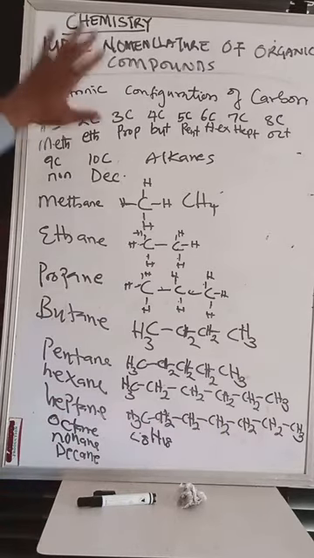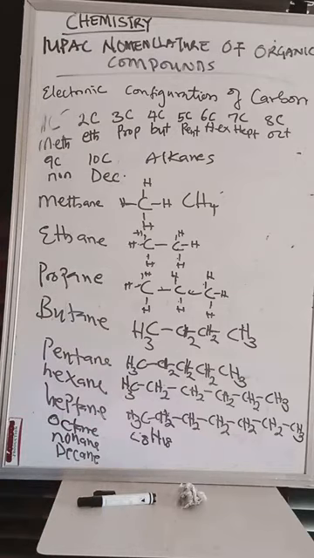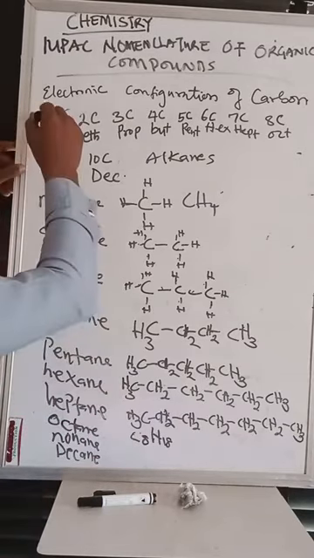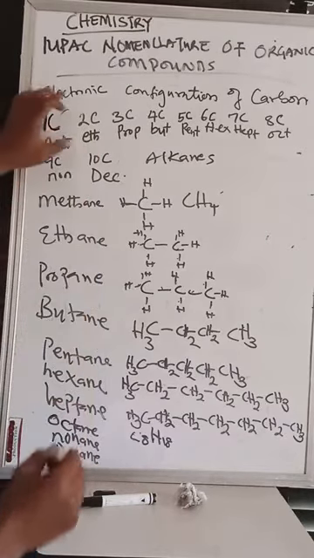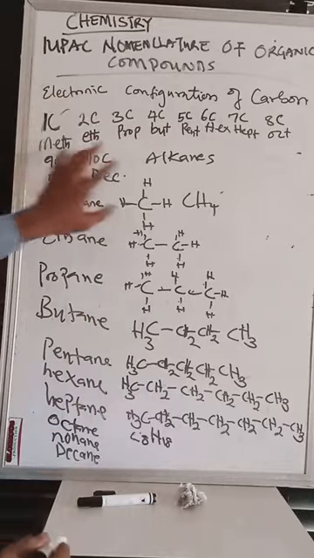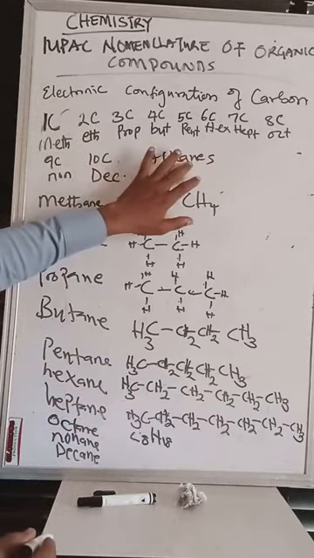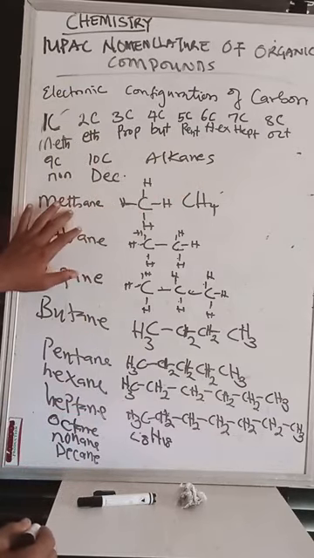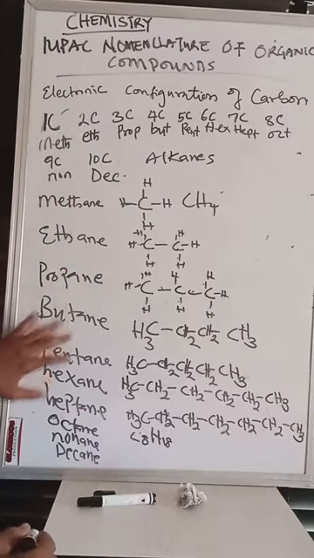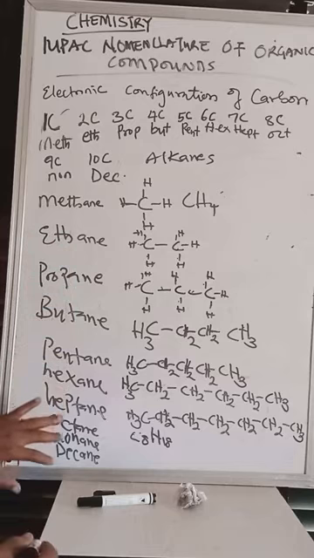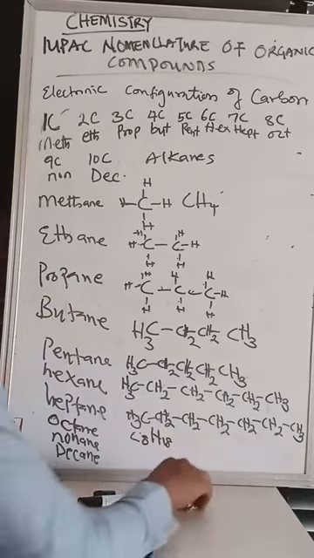So this is how to name the alkanes. Simply get the number of carbon atoms. Here is 1 carbon, you name it meth, and then add ANE because it's an alkane, so it becomes methane, ethane, propane, butane, pentane, hexane, heptane, octane, nonane.